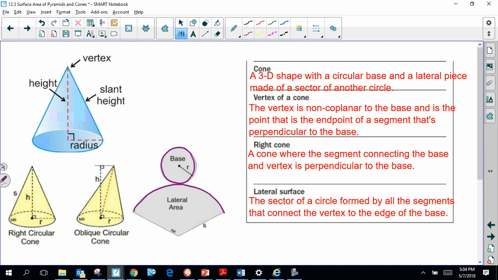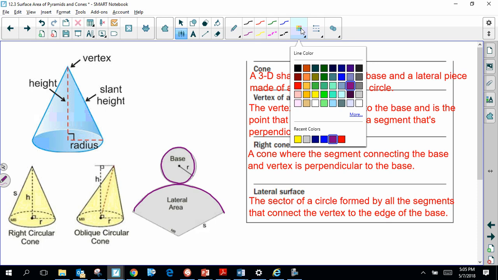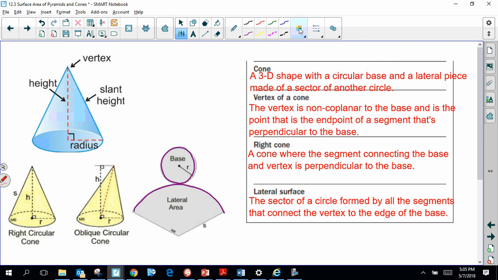And that S right here, whatever this, here, let me pick a different color to emphasize what I'm pointing out here. So let's go red. This would be the radius of said circle, but if you notice we're using S here because that's the slant height of the cone itself.